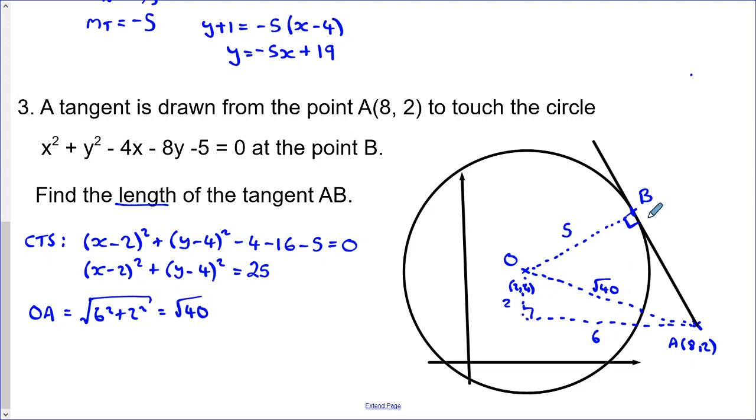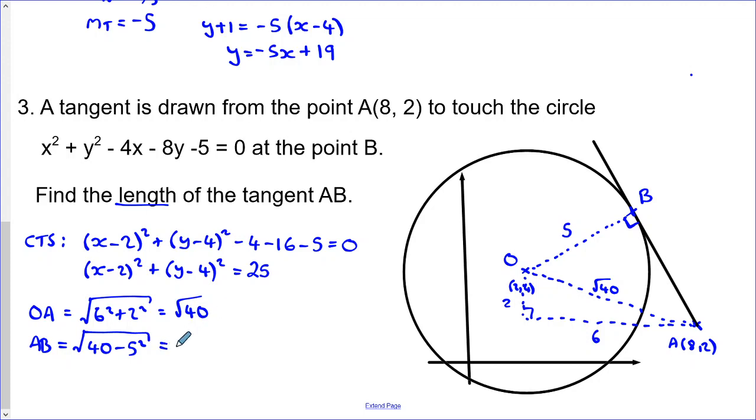Because now I can use Pythagoras again. Root 40 squared, take away 5 squared, and then square rooted would give me AB. Root 40 squared is 40. Subtract, because it's a shorter side we're looking for, take away 5 squared.